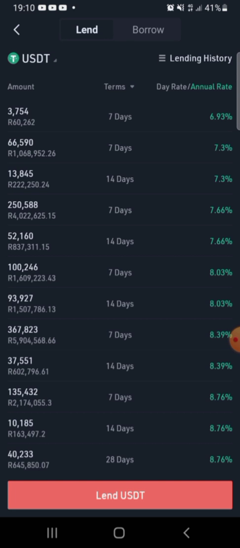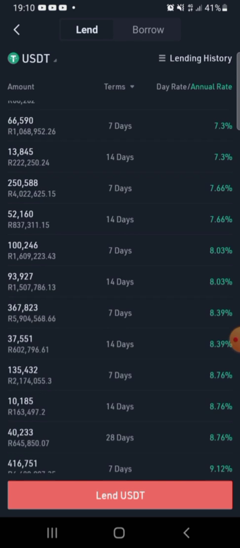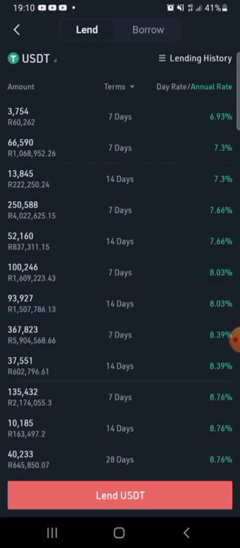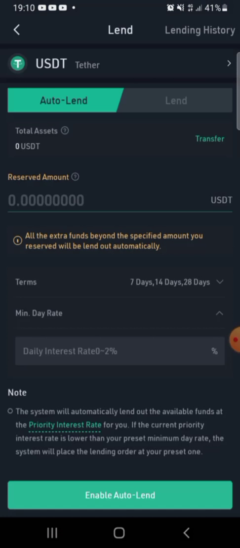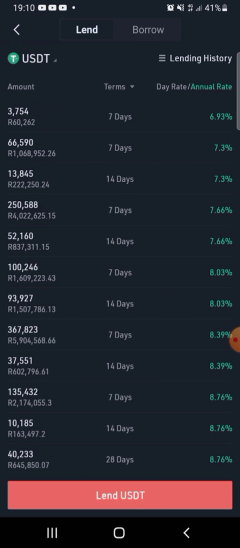Or you could do what I did, which was send crypto from another wallet to KuCoin. Once you have your assets in your KuCoin wallet, then we go into Lend USDT. Your assets have to be in your main trading account, sorry.